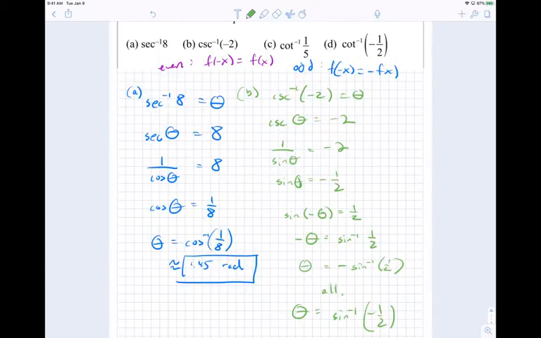There are markers here. Okay, so inverse cotan of 1/5. If you feel like you got it, you can use the blue and the green to try. I'm gonna step out for a minute. I'll be right back.